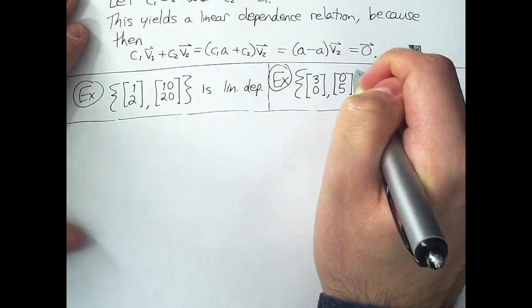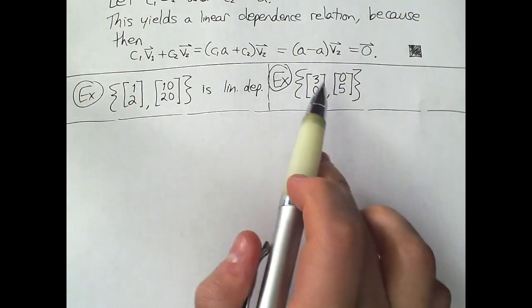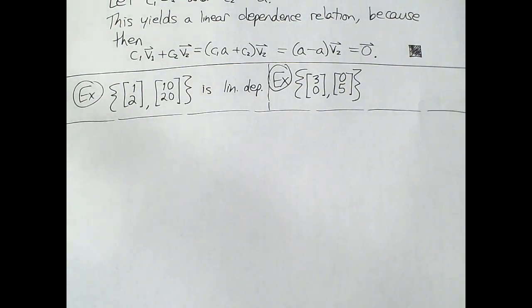The question is, is this set linearly independent or is this set linearly dependent? Well, you look at these two vectors and you ask yourself, is one of them a multiple of the other? Is there a scalar I could put in front to make one of these a multiple of the other? And I would say no, there's no way that one of these is a multiple of the other.